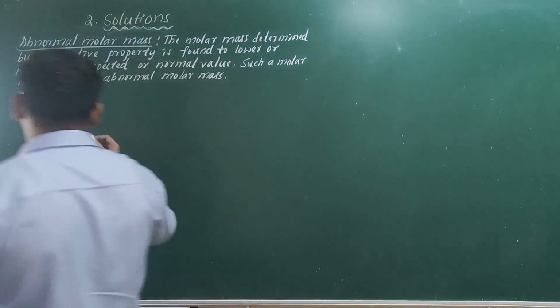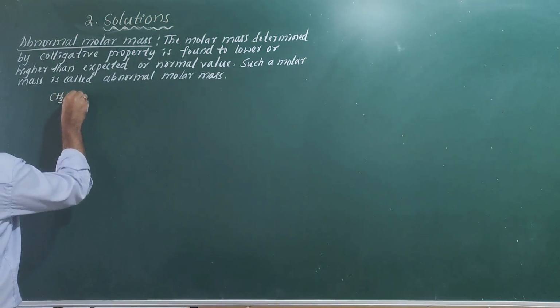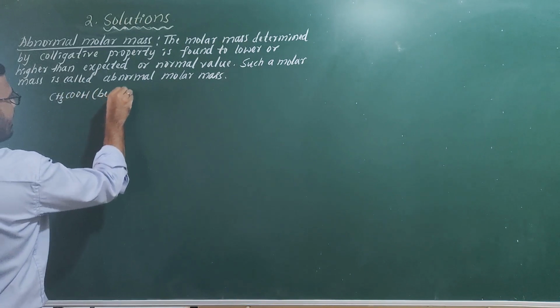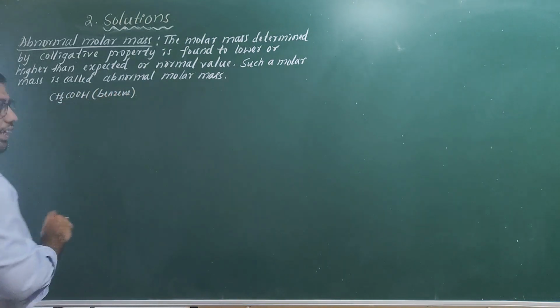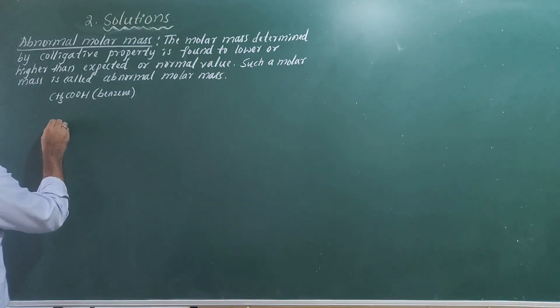So if you consider ethanoic acid, acetic acid, CH3COOH, if it is dissolved in benzene, it undergoes association.